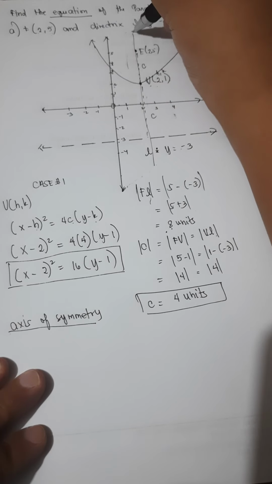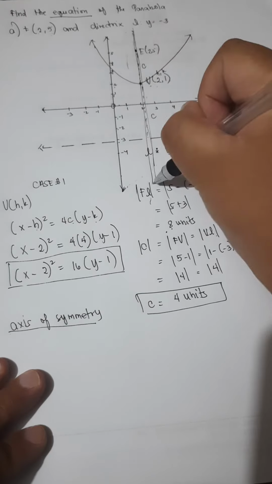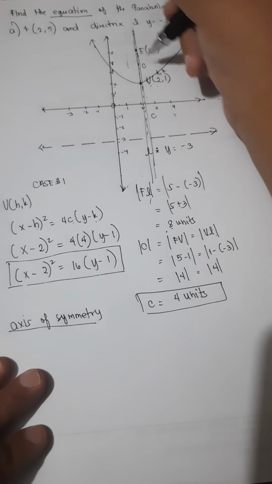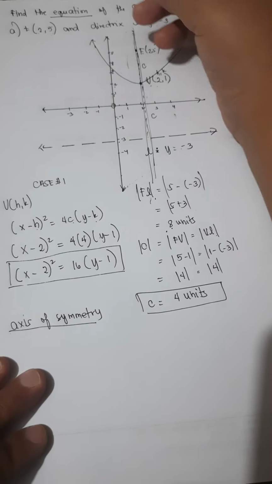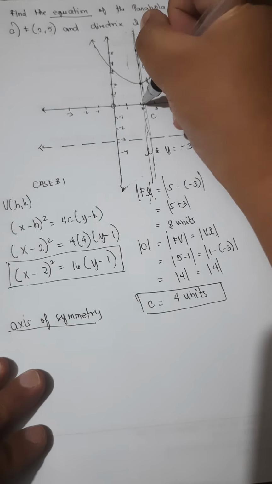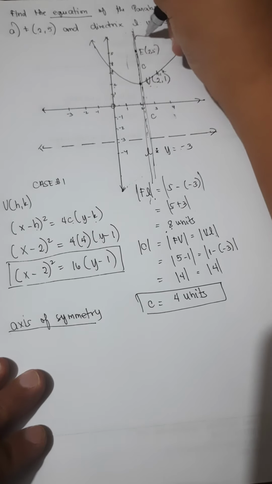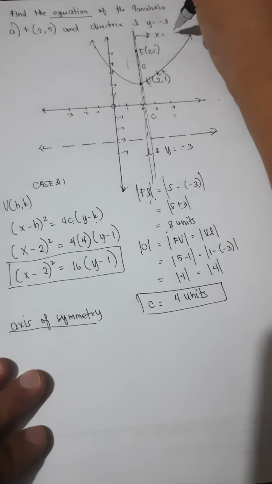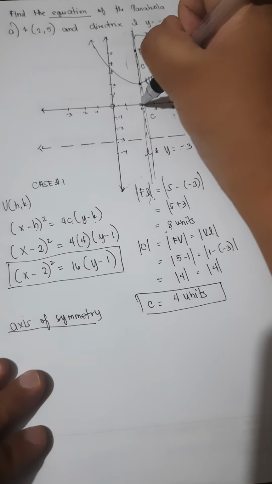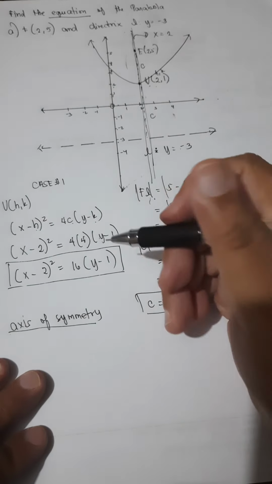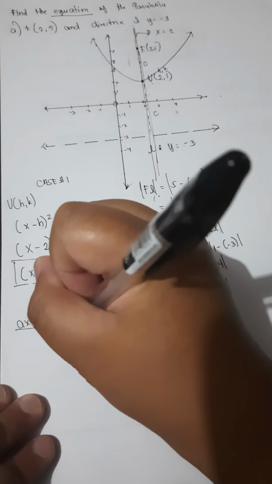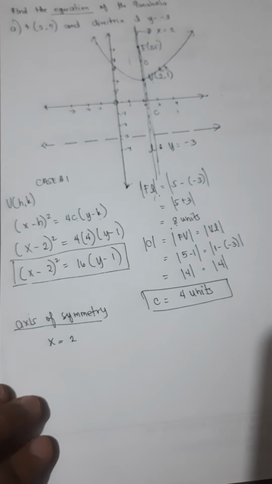So since nasa vertical yan, take note how you are going to get the axis of symmetry. So naka-inline siya sa x equals h. So your axis of symmetry is x is equal to 2, I should say. X is equal to 2. So therefore, the axis of symmetry here is x is equal to 2.